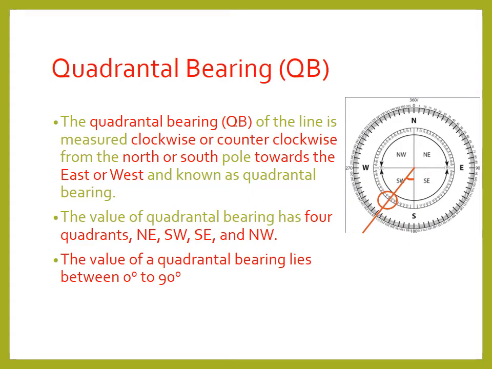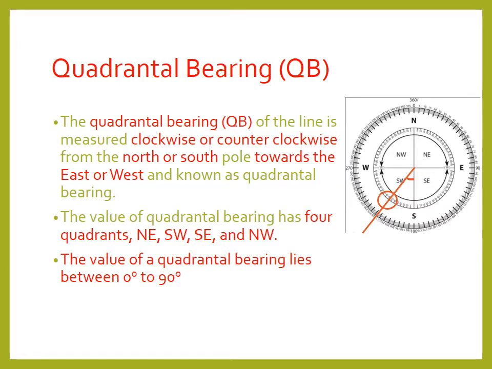Coming to the quadrantal bearing of the line, it is measured either in clockwise or anti-clockwise direction from north or south pole towards the east or west direction. That is called quadrantal bearing.